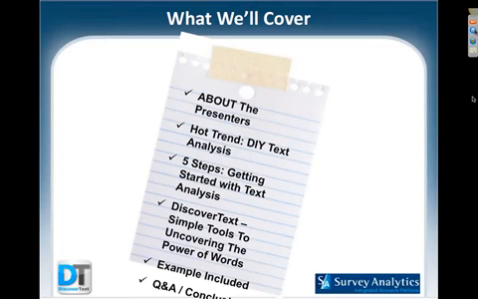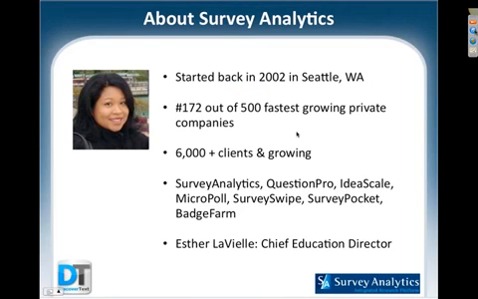So a little bit about Survey Analytics. We did start back in 2002, and we are headquartered out of Seattle, Washington. We are one of the top 500 fastest growing private companies in the U.S. We have well over 6,000 clients, and we are growing.